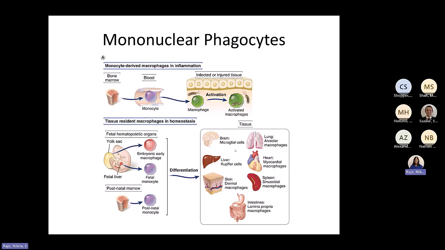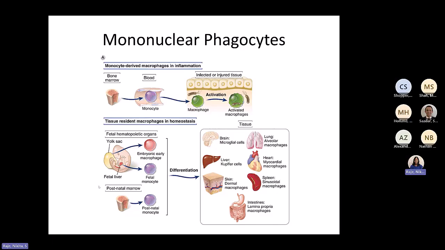So in brain, they are called microglial cells. In lung, they are called alveolar macrophages. Kupffer cells in liver. There are myocardial macrophages in heart, dermal macrophages in skin, sinusoidal macrophages in spleen. There are macrophages in the lamina propria of the intestine, and these are all the ones that are coming from these organs rather than from the bone marrow.